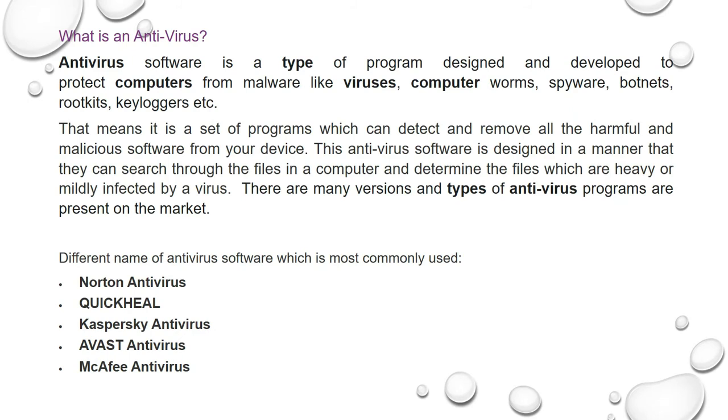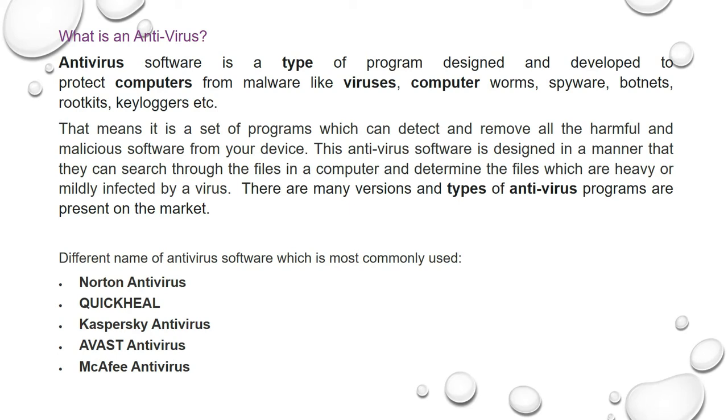Antivirus software is a type of program designed and developed to protect computers from all sorts of malware like, as you know, viruses, computer worms, spyware, botnets, rootkits, keyloggers, etc. That means it is a set of programs which can detect and remove all the harmful and malicious software from your device.